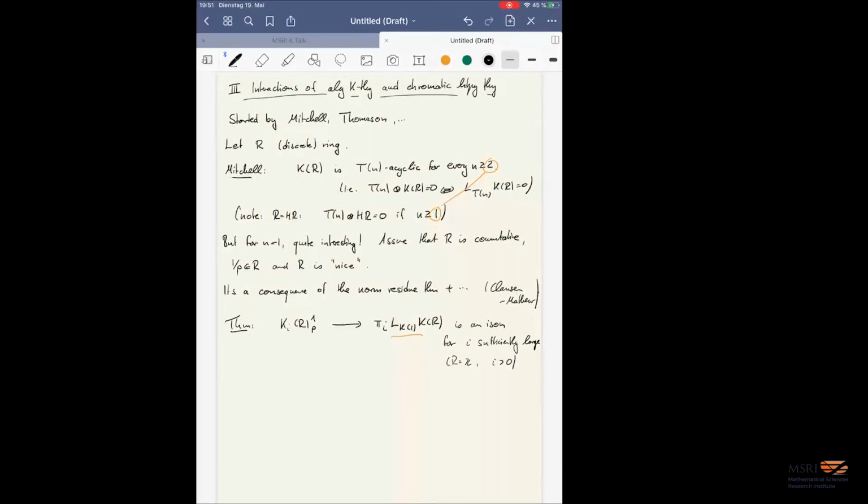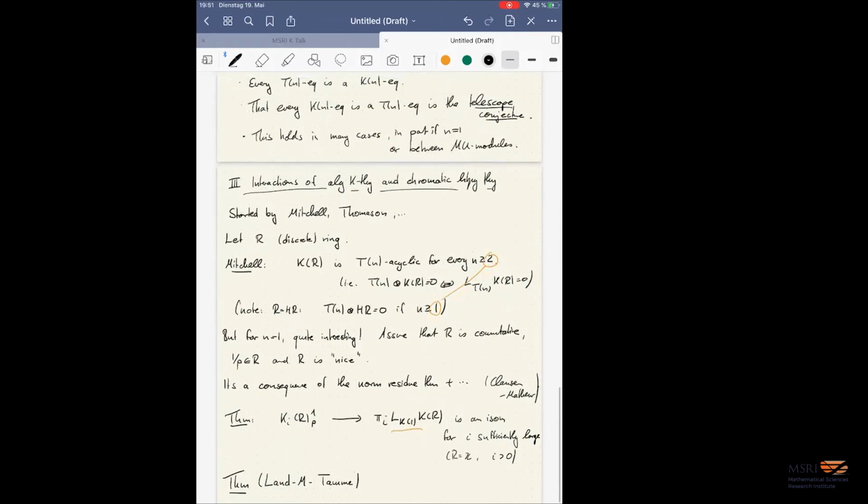So now it's maybe time to formulate what is the main theorem of this talk. Before I formulate this, let me first recall what Waldhausen proved.